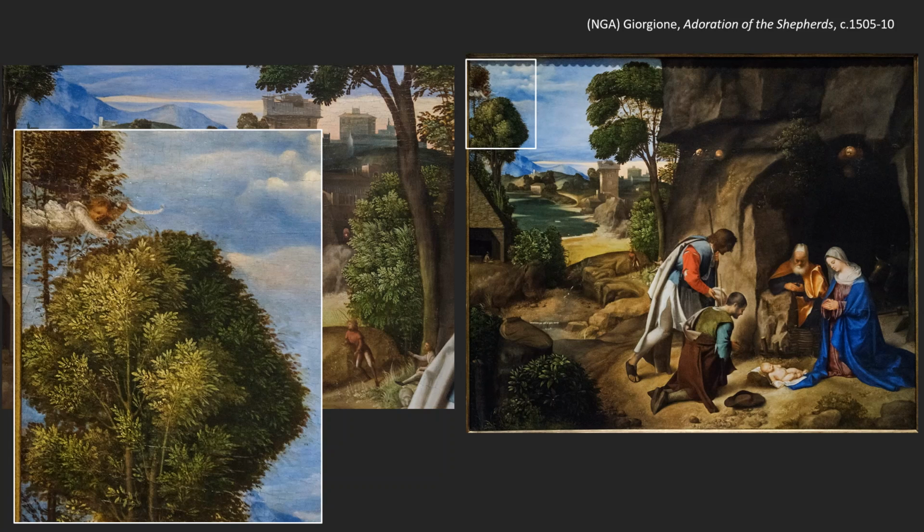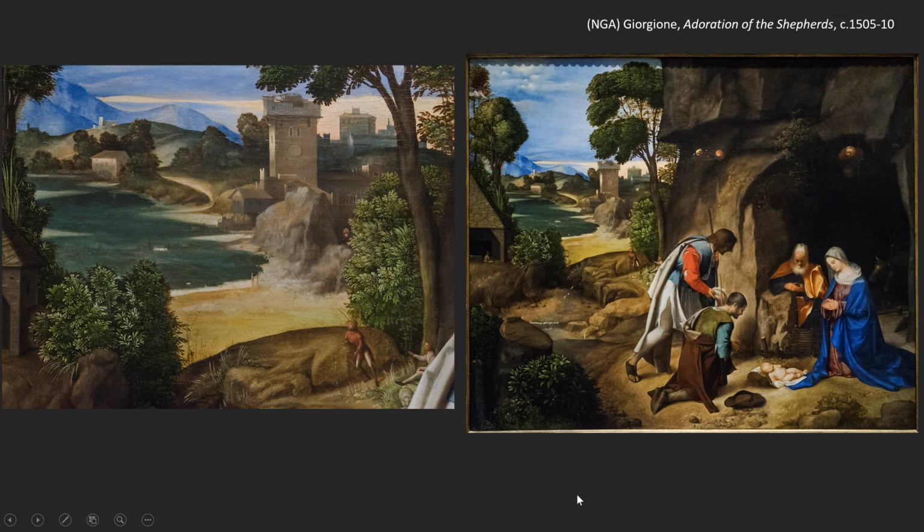Now, with this interest in shepherds, we need to talk a little bit about Venice. Landscape and the world of farms, shepherds and whatnot became very, very important in Venetian art and in Venetian poetry.